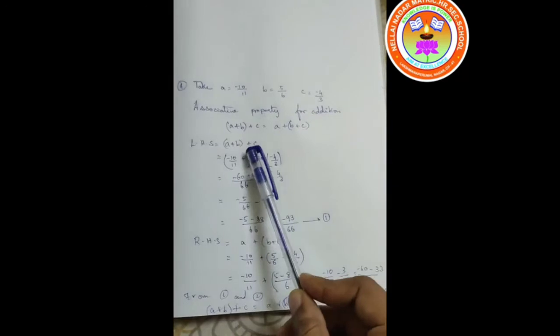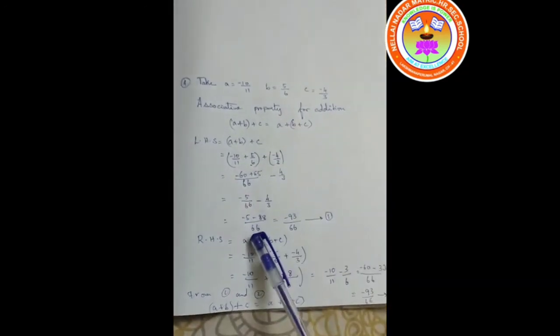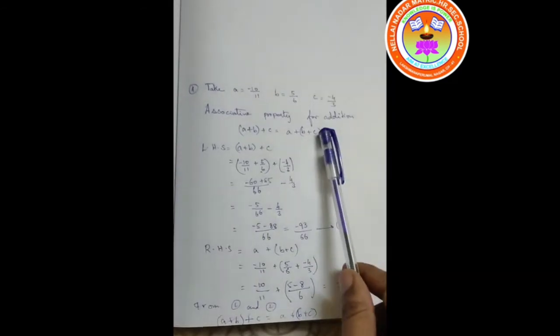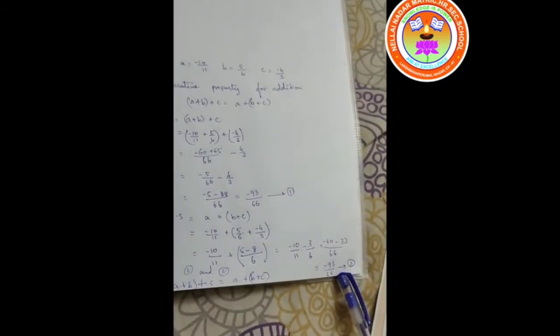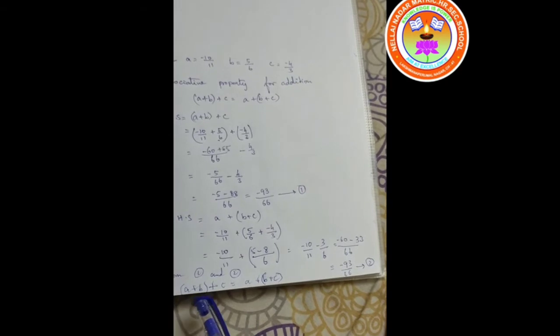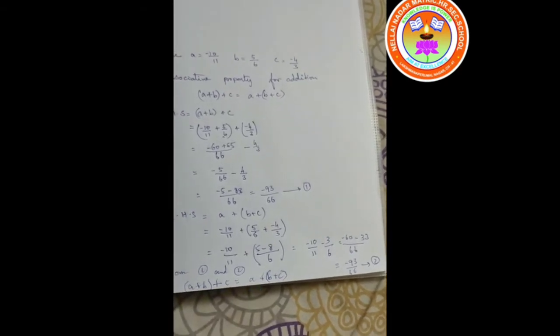You have to write like this. Again I will explain it. If you add a plus b and then add c, you are getting minus 93 by 66. Again if you take the right hand side and do the simplification, you will get minus 93 by 66. Since 1 and 2 are equal, (a plus b) plus c equals a plus (b plus c).